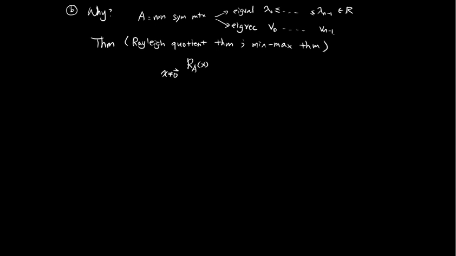If we consider all possible nonzero x and take the maximum over all of them, then the Rayleigh quotient theorem tells us it is going to be the largest eigenvalue. That's the power of the Rayleigh quotient. Similarly, if you take the minimum over all possible x, then it is going to be the smallest eigenvalue.